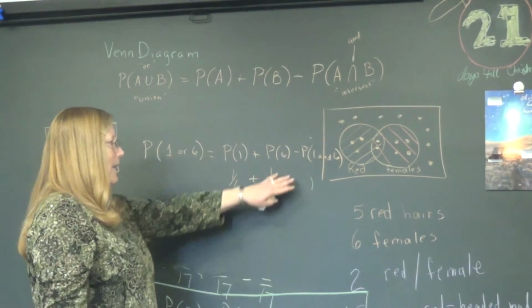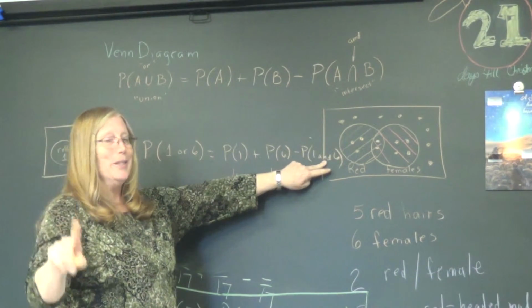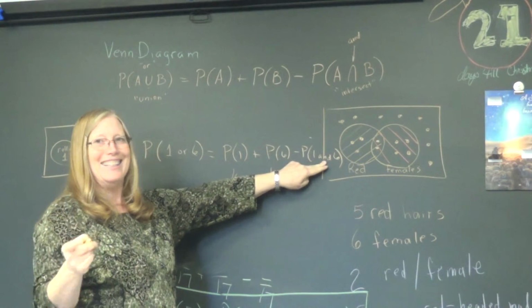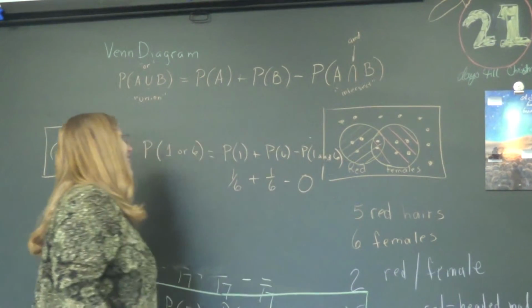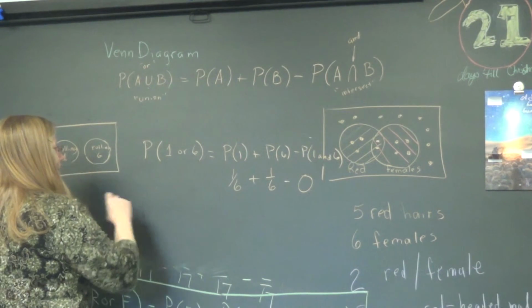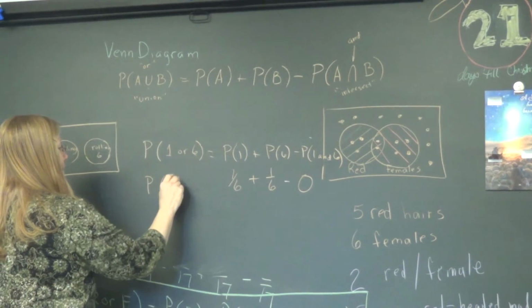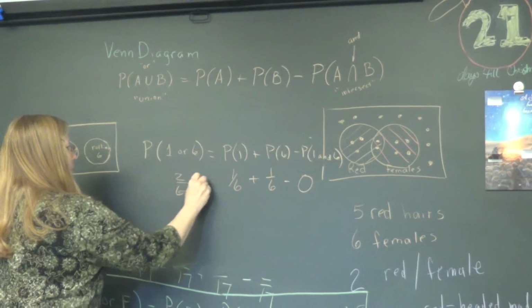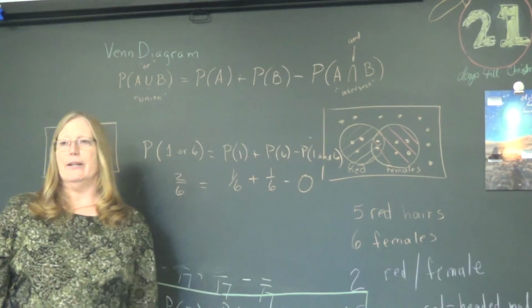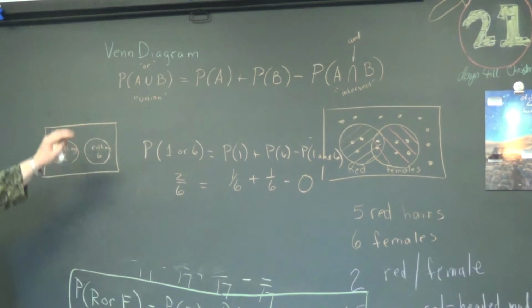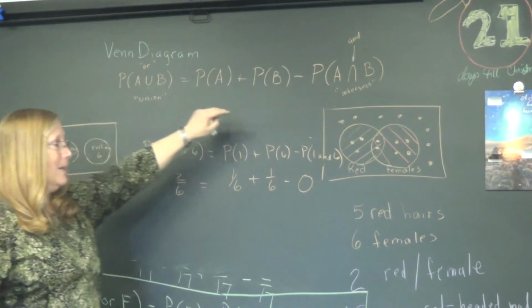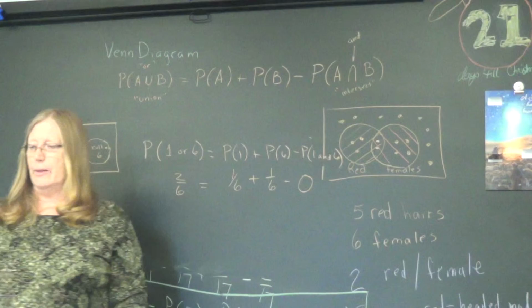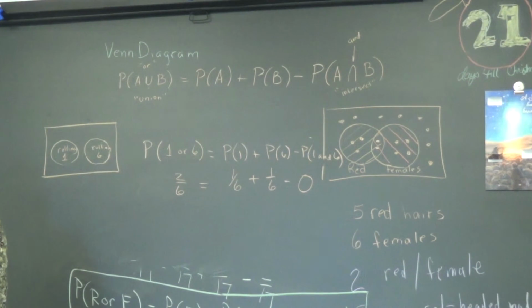What's the probability of getting both a 1 and a 6 on one roll? It's 0. So does 1/6 plus 1/6 minus 0 equal the probability of a 1 or a 6? It does. So our formula works for both mutually exclusive and non-mutually exclusive events, because when exclusive, this is 0. You can see it clearly on the rolling the die example.